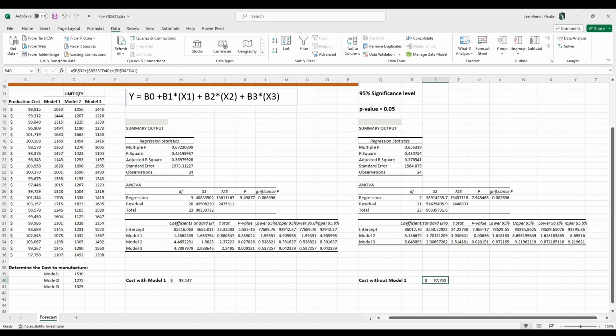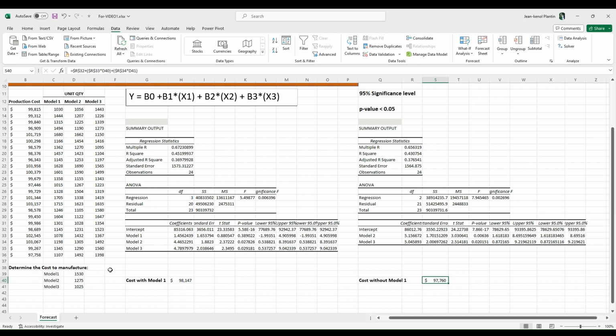There's a small difference in the cost between having all three models and only two models, which tells you that model 1 is not that important. The cost is not that big, and that's why it's not statistically significant.